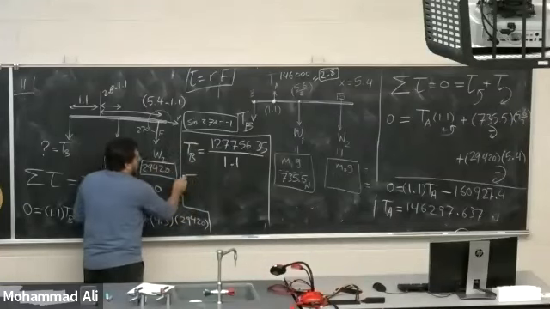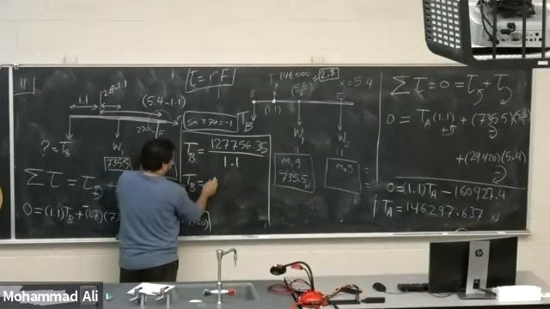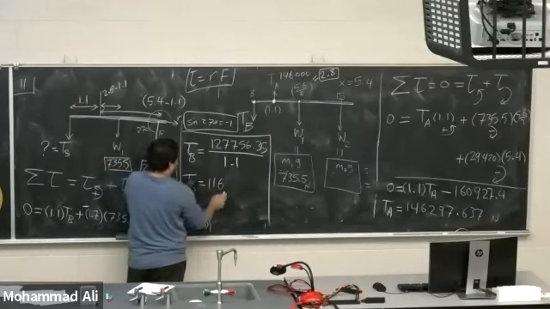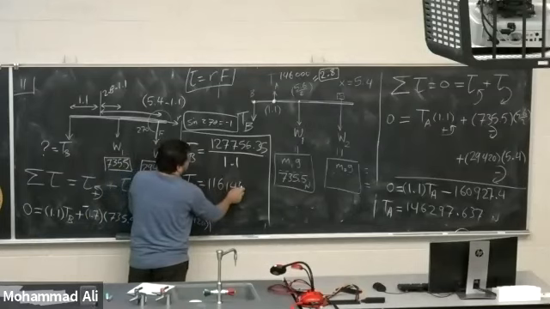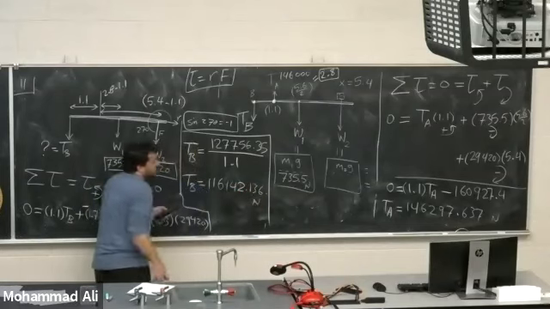So TB will be equal to 116,142, 136 something newtons.